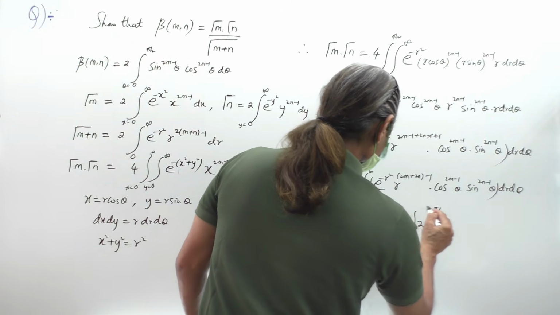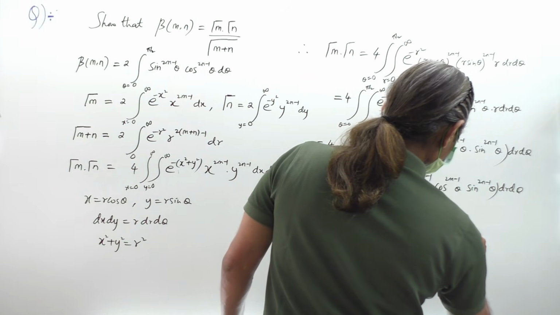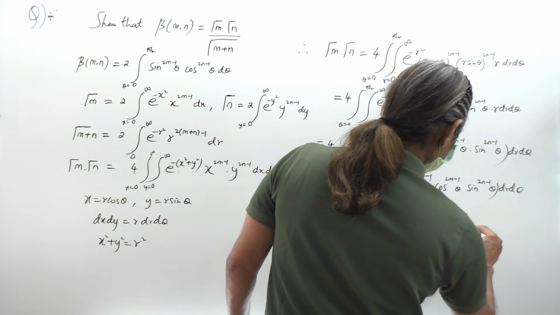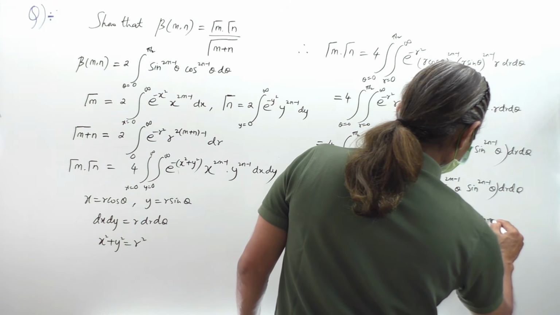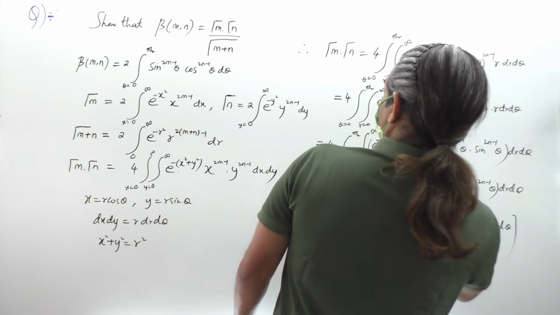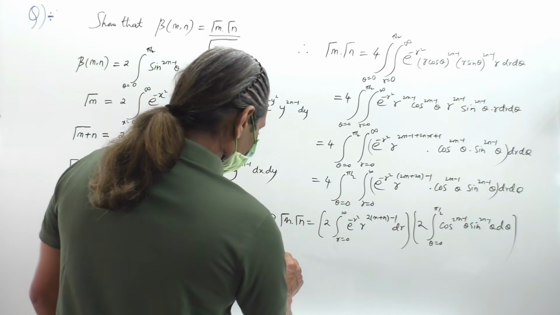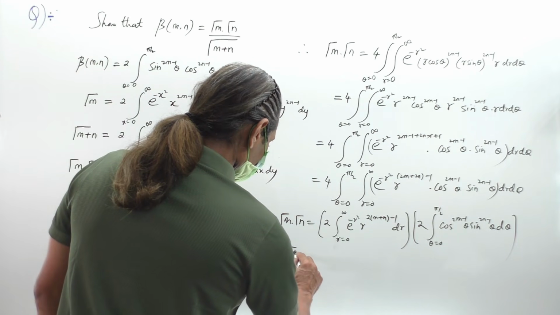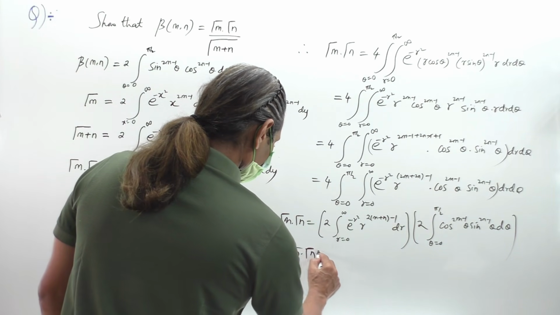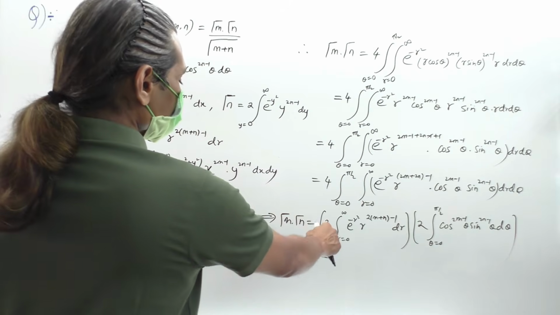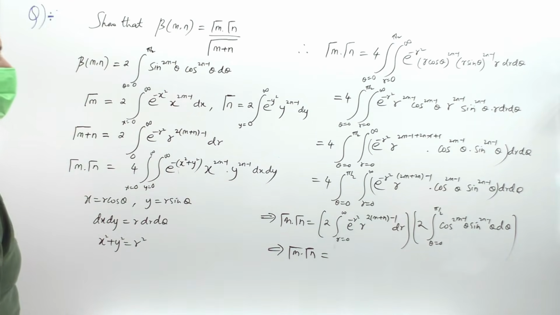What are theta terms? Cos raised to 2m minus 1 theta into sin raised to 2n minus 1 theta d theta. The same. Therefore, that implies gamma m into gamma n equals, what is 2 integral 0 to infinity e raised to minus r square r raised to 2 into m plus n minus 1?